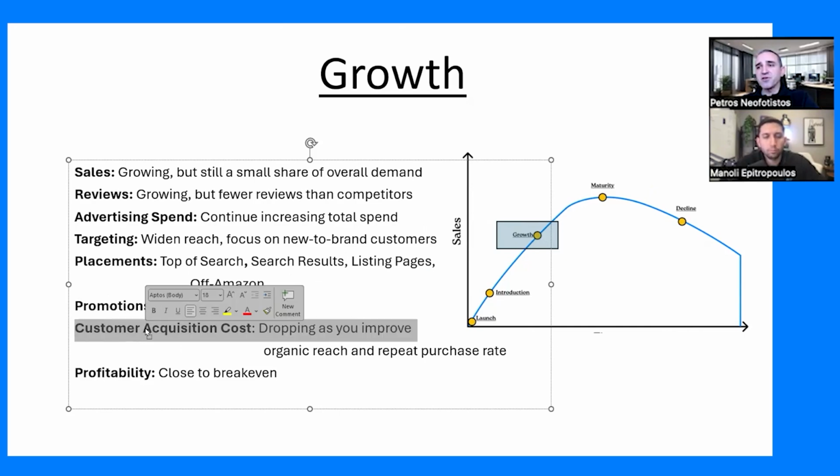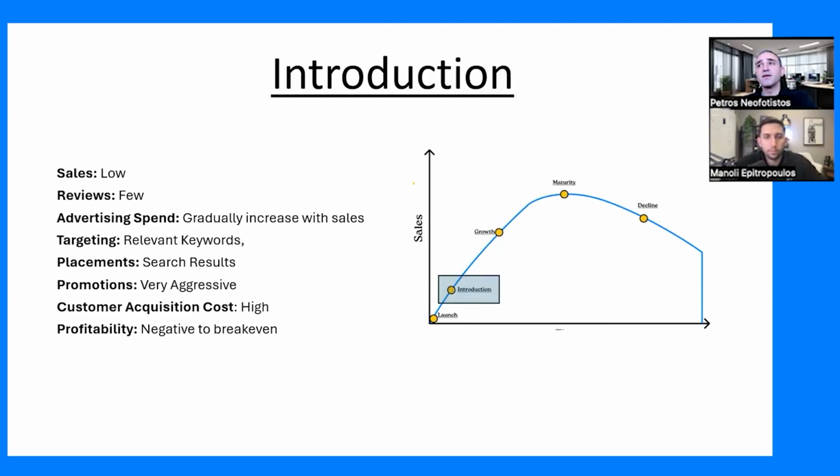And then when you're looking at your customer acquisition cost, it starts to drop as you improve organic reach and your repeat purchase rate. So what this means is that in these stages, launch and introduction, 90 to 100% of your sales are coming from paid ads.